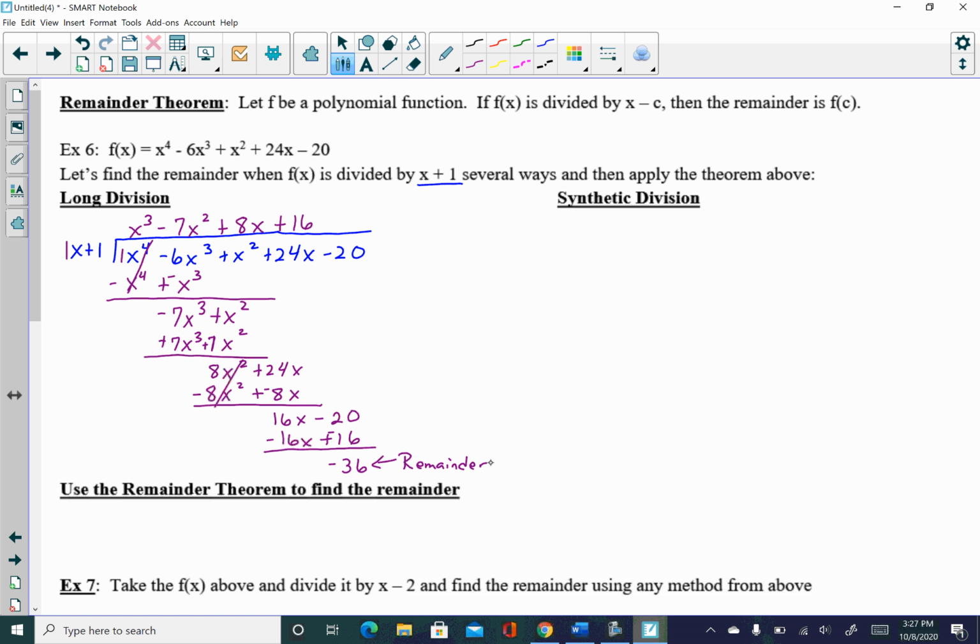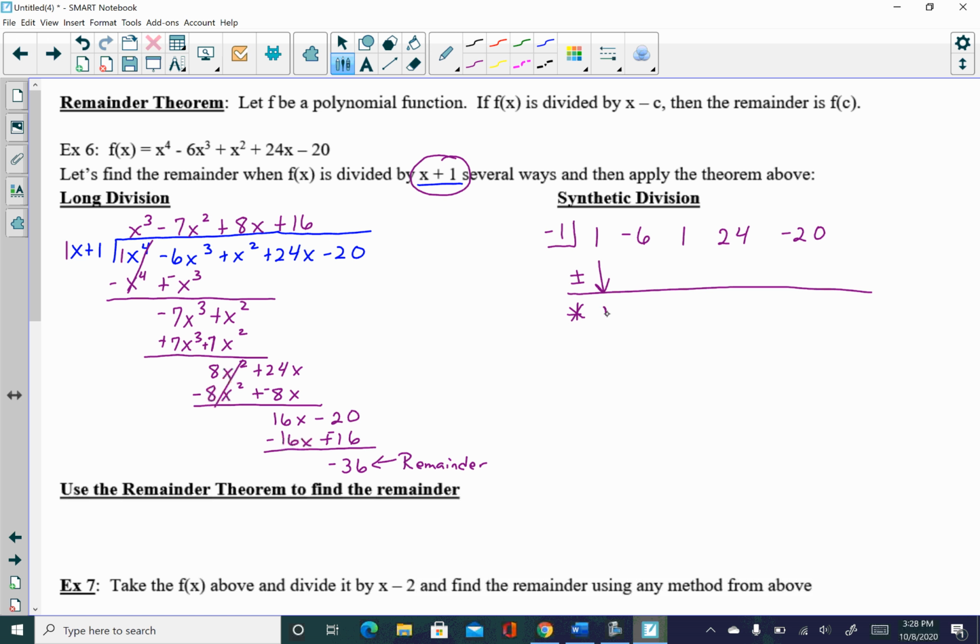Okay, let's now look again at another example of synthetic division. We're taking this polynomial and dividing it by x plus 1. So inside the box, remember, opposite of this factor here, what would the 0 be? The 0 would be negative 1, so that's what we put inside our box. Line up the coefficients. So I have 1, negative 6, 1, 24, negative 20. Skip a line. Remember, above the line you add or subtract, below you multiply.